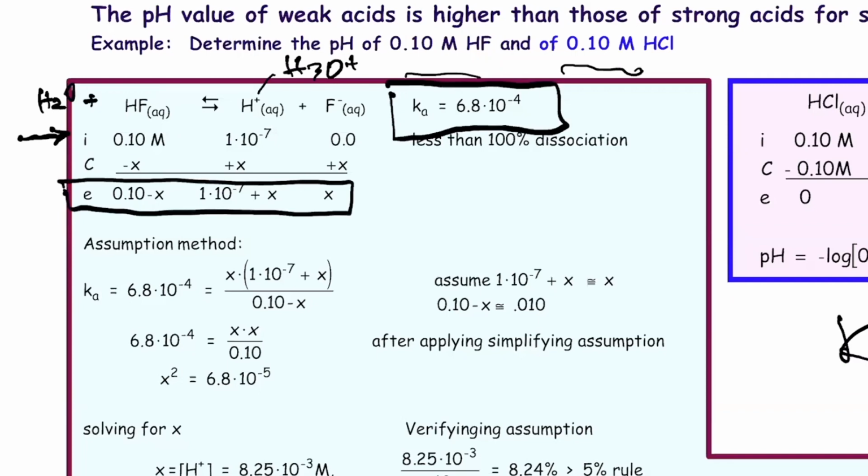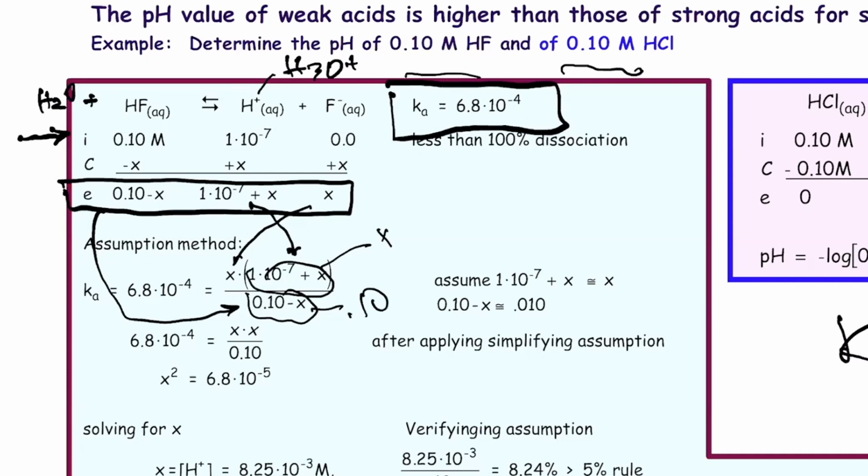So we can make a few assumptions here. This is just your water. This is just your fluoride. This is just your HF. And the assumption here is that we're going to simplify this right here to X. And then we're going to simplify this right here to 0.10. Why can we do that?